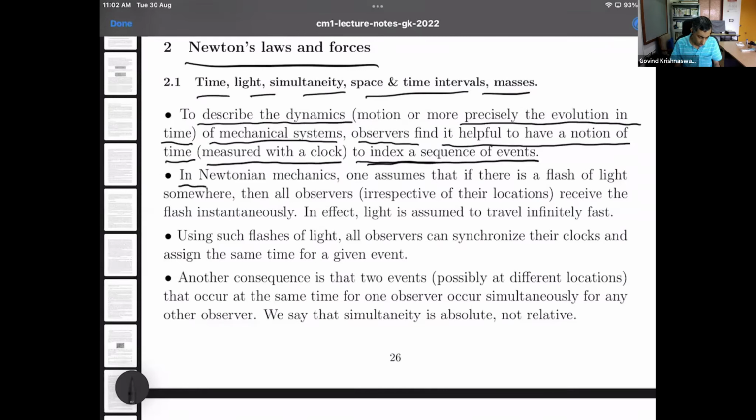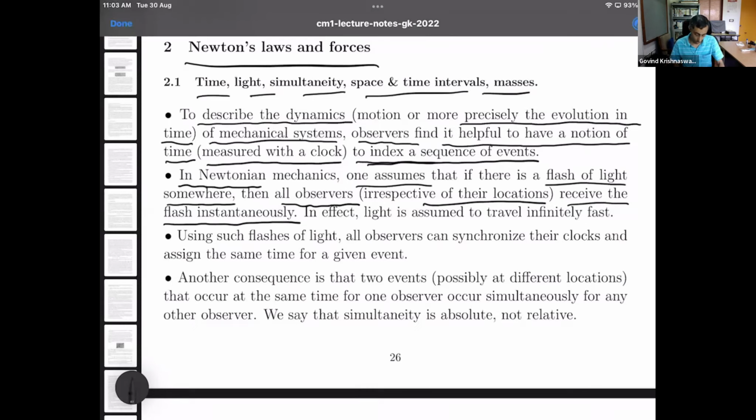Okay, now in Newtonian mechanics, one assumes that if there is a flash of light somewhere, then all observers, whether it be you, me, or anybody else in this class, irrespective of their locations, receive the flash instantaneously. Okay, so a flash of light, I produce a flash of light here, of course, I will receive it. So will you, hopefully.